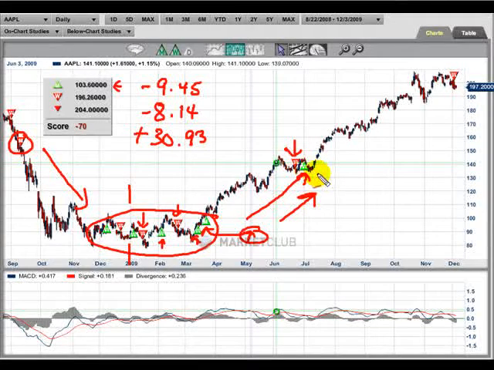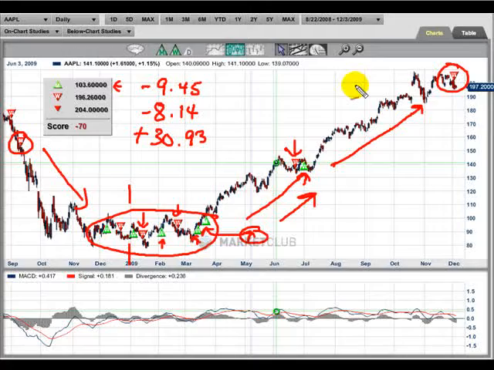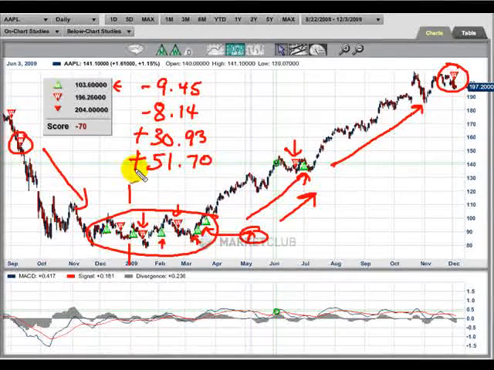The weekly just confirmed that, and we got back long at 144.56. The market had a really good move, and we exited this position on 12/2 at 196.26. This produced a gain of $51.70. So these are two pluses.